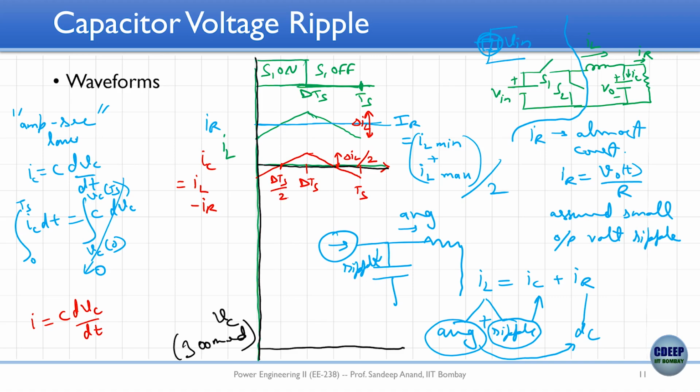Is that okay? Why? Because the negative value is minus delta I by 2, plus is delta I by 2, right, and it's a constant slope. So therefore it should cross the 0 at the midpoint of 0 to dTs, right. Similarly, this another point I can write it as d plus 1 times Ts by 2.